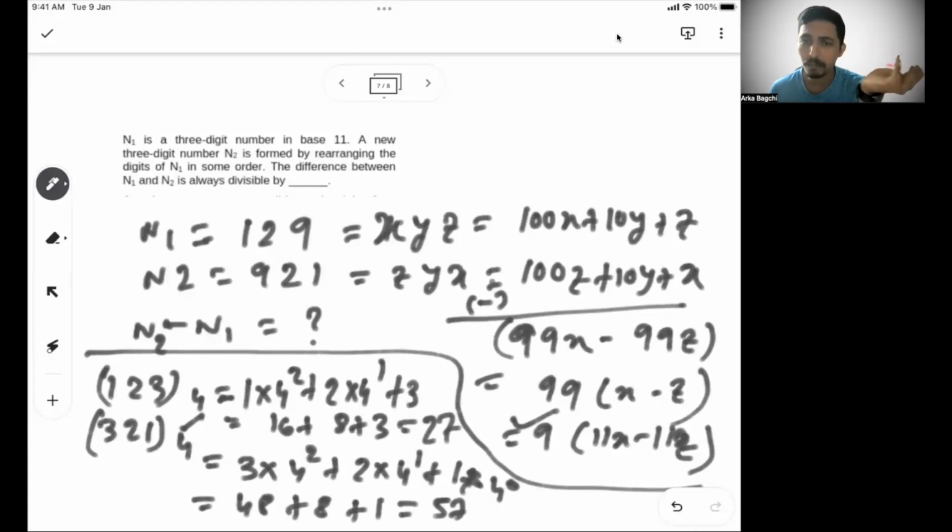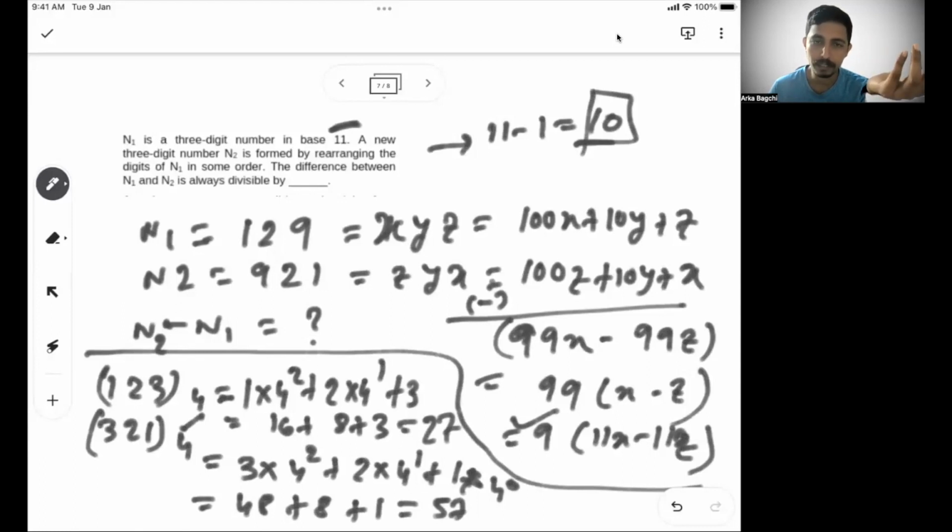Similarly, if you take a number in base 7 or base 8, you will see that the number and the flipped number will always have a difference divisible by 6 for base 7, and 7 for base 8. So the difference between N1 and N2 will always be divisible by 11 minus 1, that is 10, because 11 is the base system.